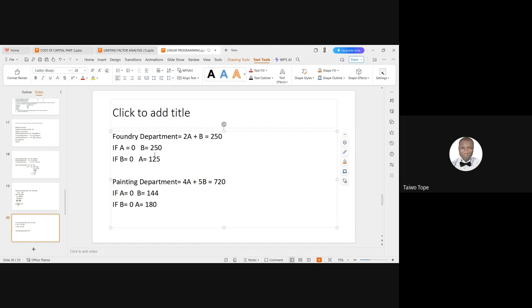So with these results, can we plot on a graph? Yes. We can start. So you can have A axis and B axis. Then based on the figures you have, you can look at what is the appropriate scaling I can give. You have 250, 125, 144.